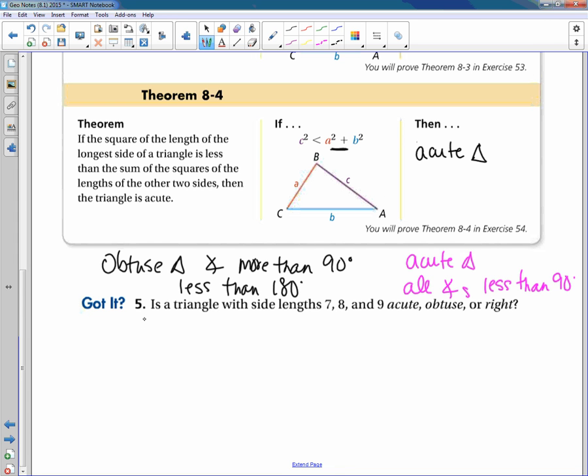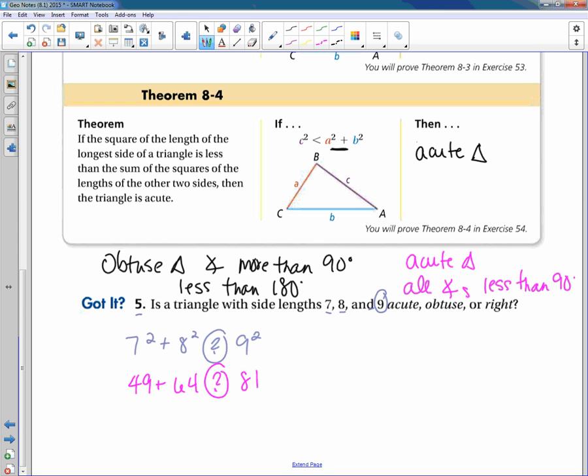In this example 5, it says if the triangle has sides 7, 8, and 9, what is it? Well, again, C is going to be my longest side, so I'm going to say 7 squared plus 8 squared, and I'm going to put a question mark because I really don't know what the relationship is to 9 squared. So 7 squared will give me 49, 8 squared will give me 64, and I don't know how that relates to 81.